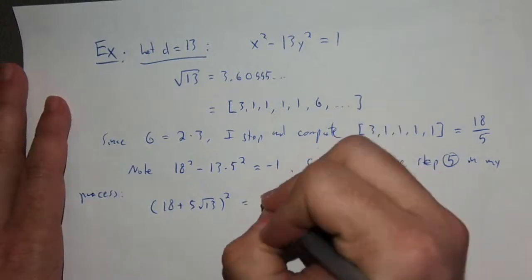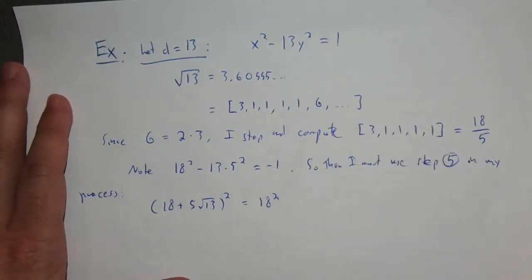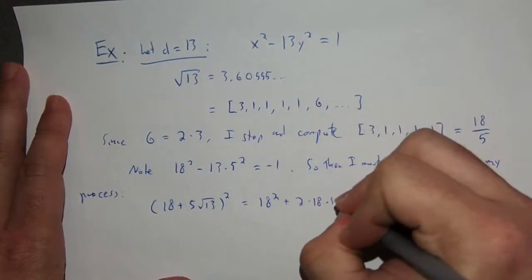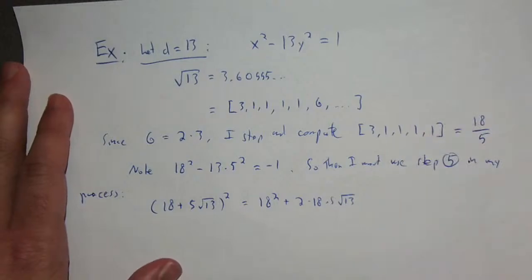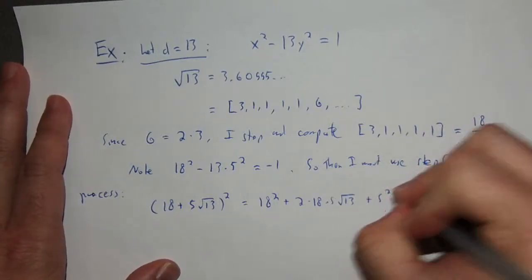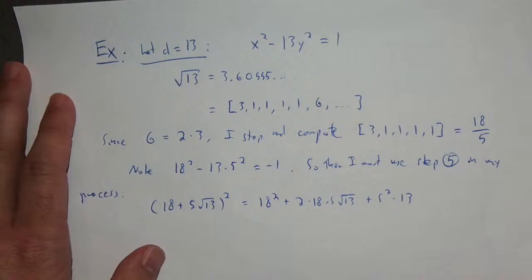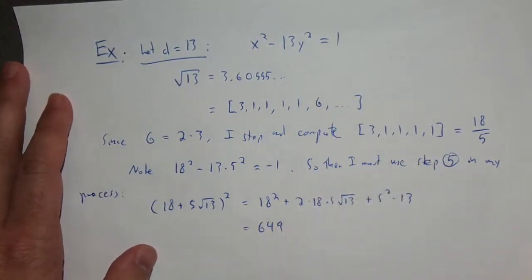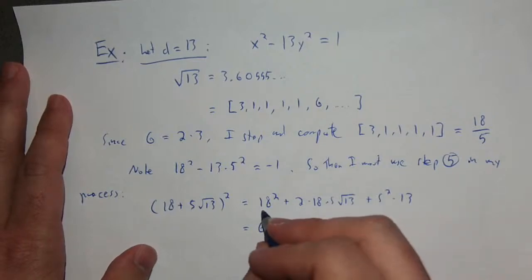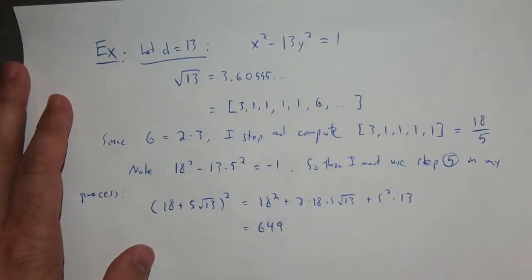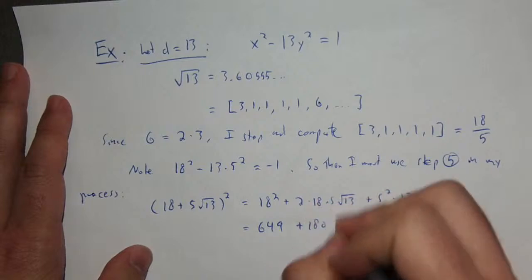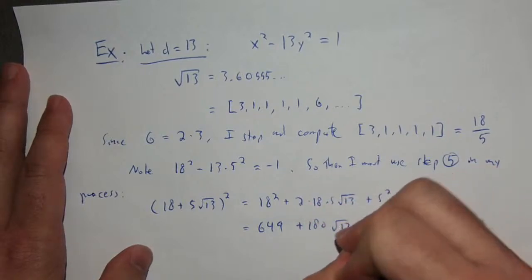If I compute that, I get 18 squared plus 2 times 18 times 5 times square root of 13 plus 5 squared times 13. So 5 squared times 13 plus 18 squared is 649, plus 18 times 2 times 5, so 18 times 10, so 180 times square root of 13.